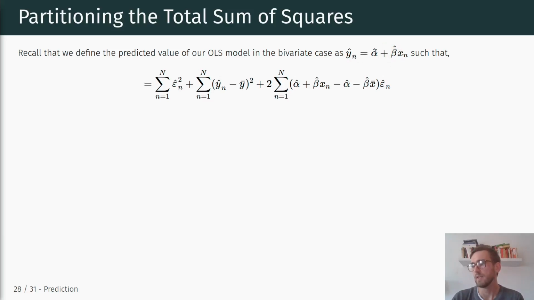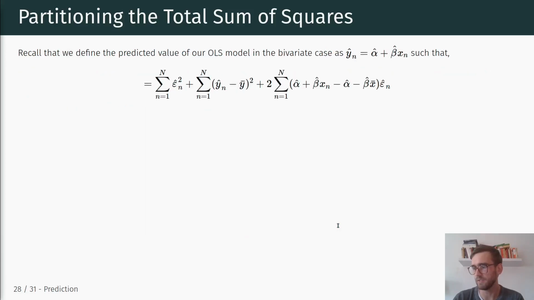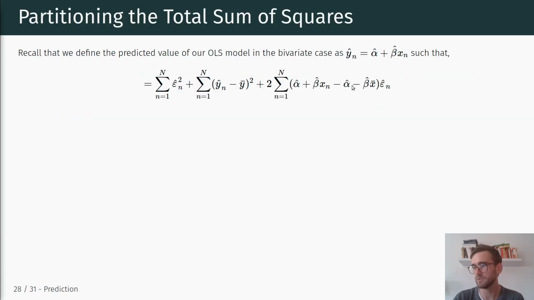Right? So if we plug this in for our y hat, the way we have it down here, the first part stays the same, but in the second part now we're plugging in our y hat, alpha hat plus beta hat x_n, and we can also plug in our y bar. If you remember, that's equal to alpha hat plus beta hat x bar.